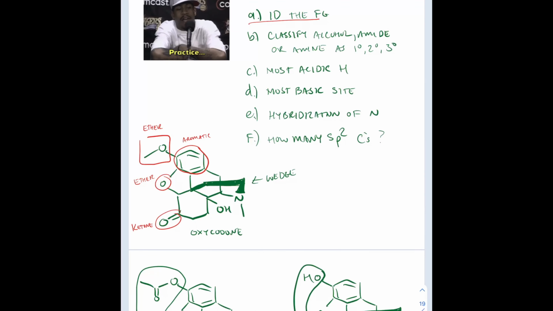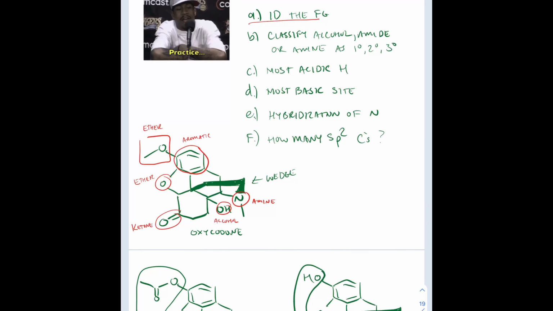This right here is a ketone. Right here, remember I said that it's called a hydroxyl, but I always put alcohol. And then this right here is an amine or amino group, right? And then we got obviously a bunch of hydrocarbons in there, but we don't really necessarily need to qualify those as functional groups.